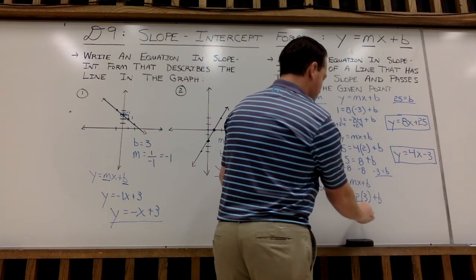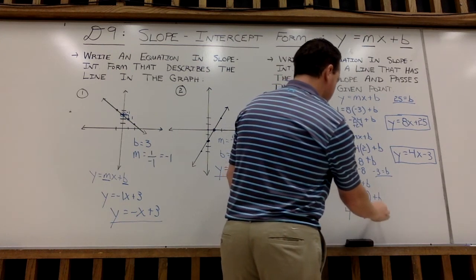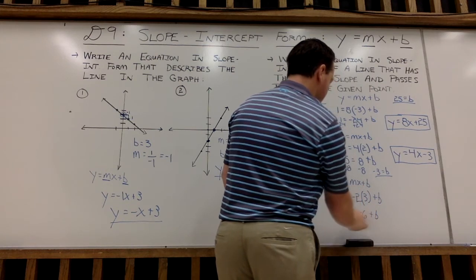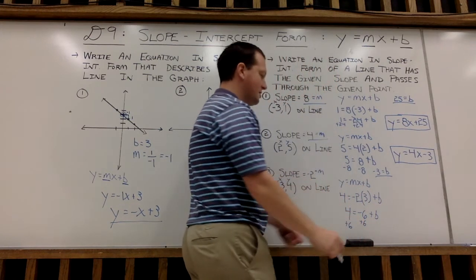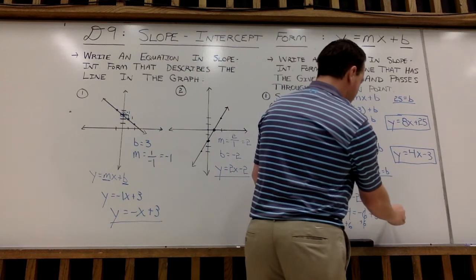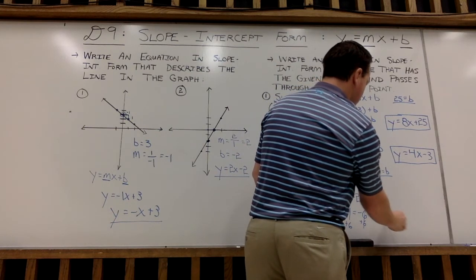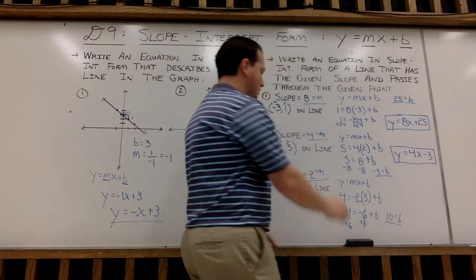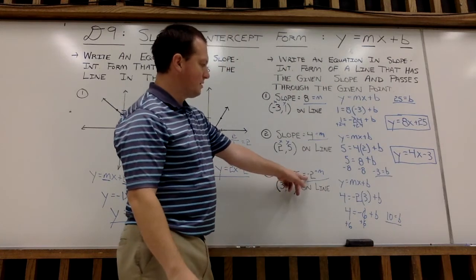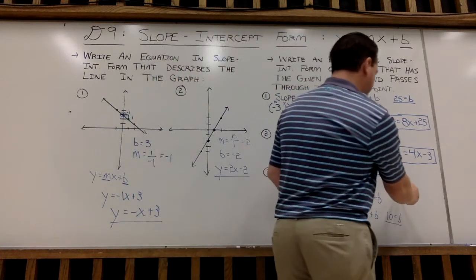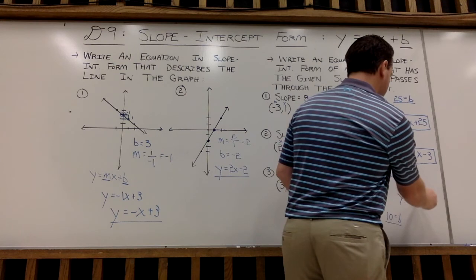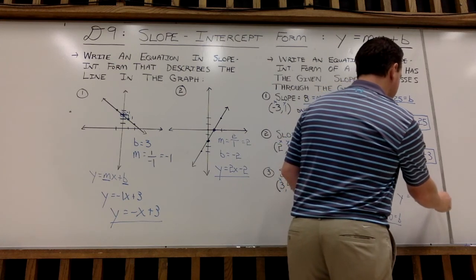So 4 will equal -6 plus b. Add 6, 4 plus 6 will get 10 is the y-intercept. Final equation then will be y equals m, -2x, plus b is 10.